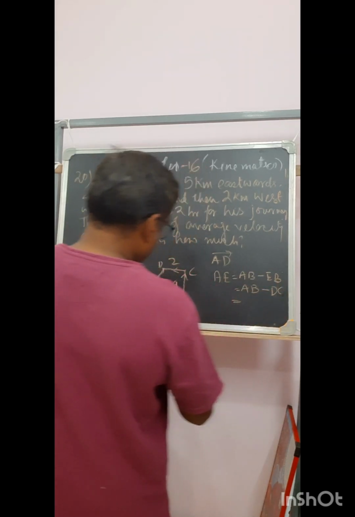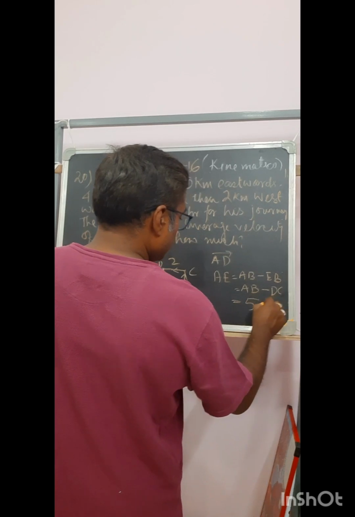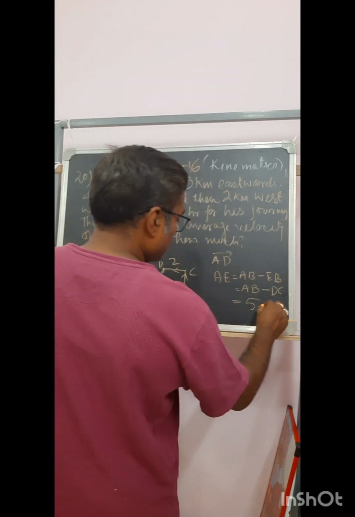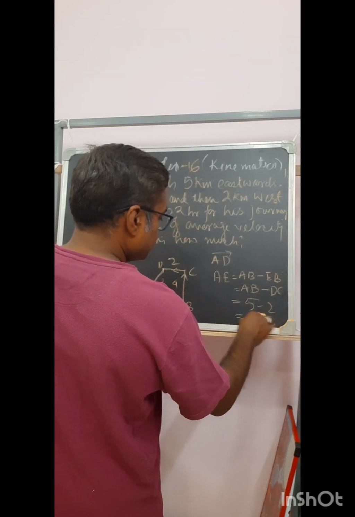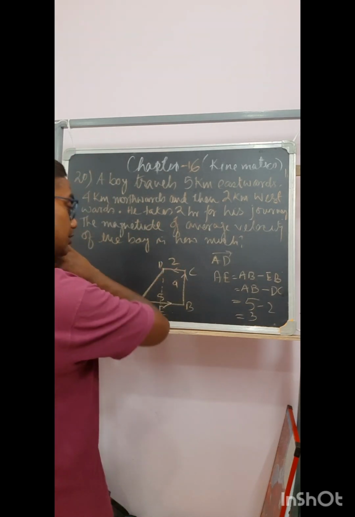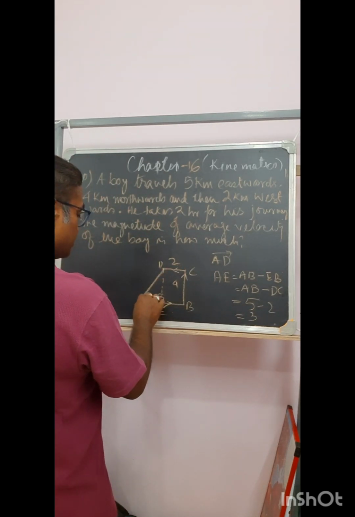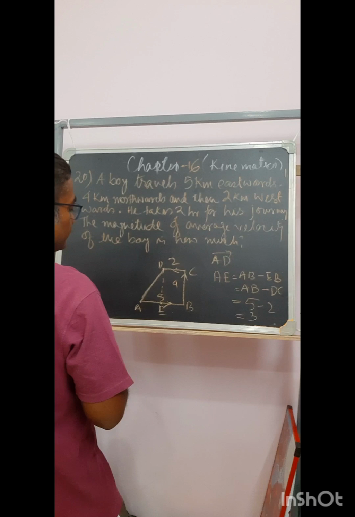So AB is 5, and DC is 2. So AE is 3. This one, from this to this.